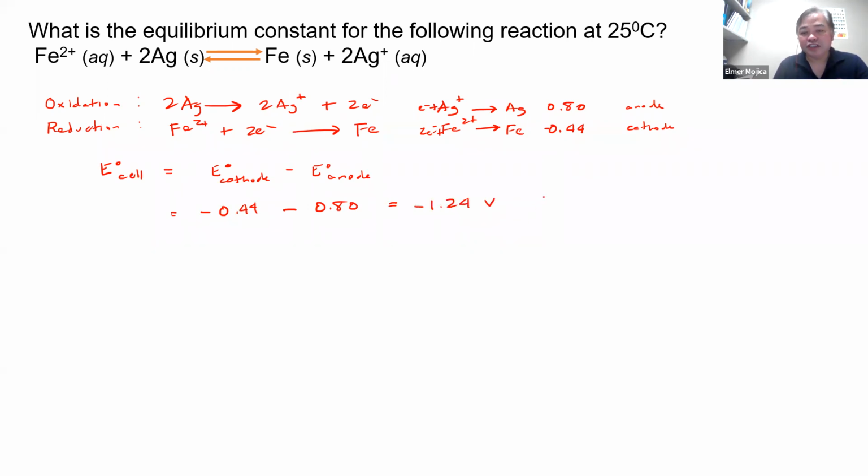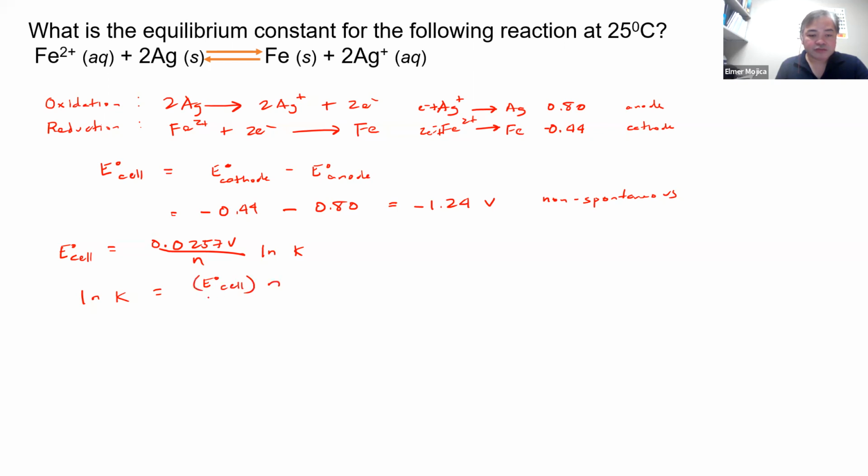Now, as we could see here, this is non-spontaneous, so that means your K value is so small. If we're going to look at the formula that we're going to use here, the cell potential is just equal to 0.0257 volts divided by n, that's the number of electrons involved, times ln of K. If you rearrange this, you will have ln of K equals the cell potential times n over 0.0257.